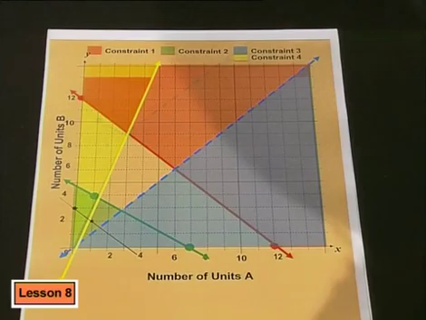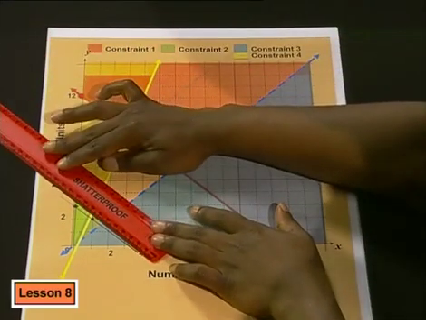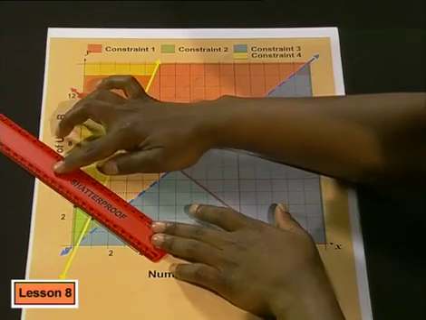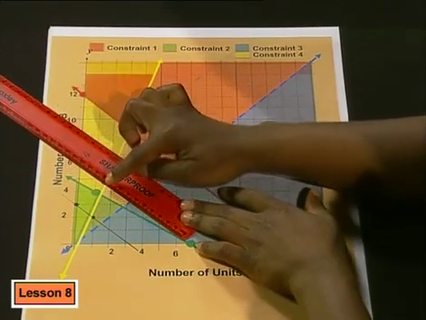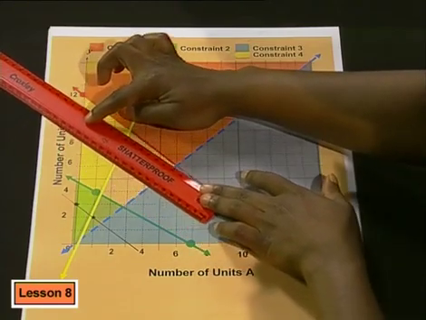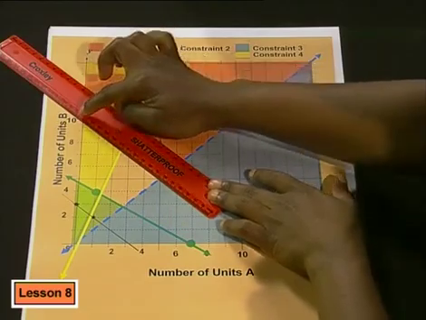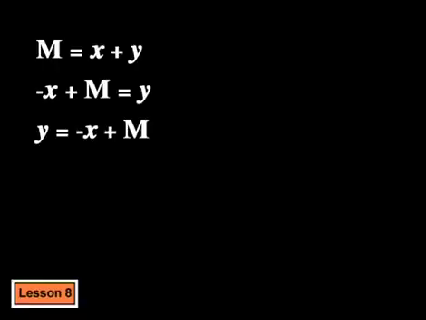That means keeping the lines parallel to the search line. We can do this with a ruler. If we slide the ruler over the graph, it passes through points in the feasible region. The y-intercept of the search line changes. It corresponds to the m part of the equation y equals negative x plus m.